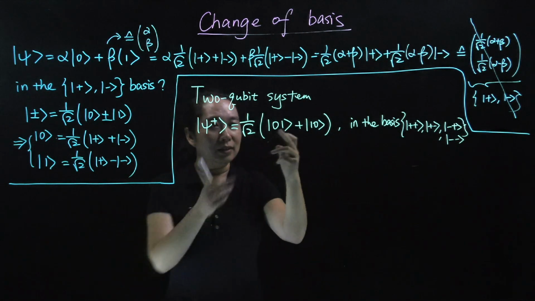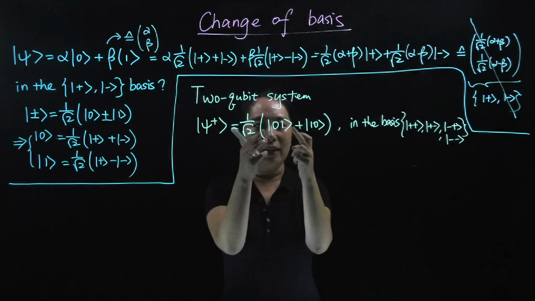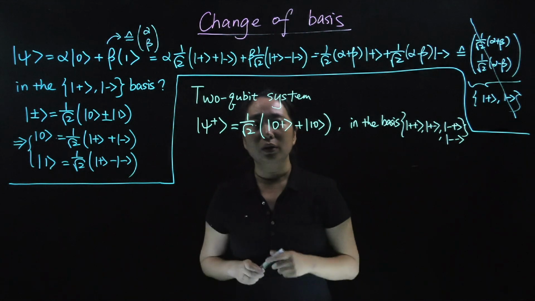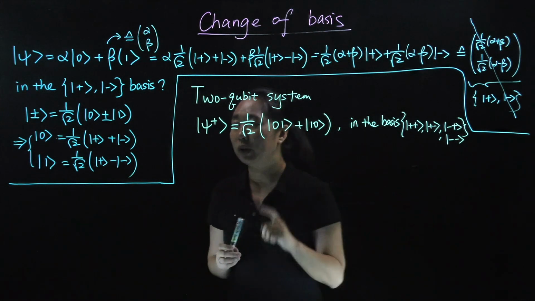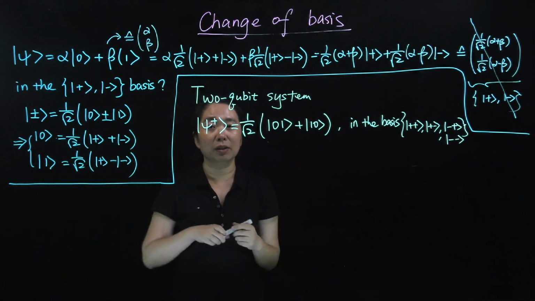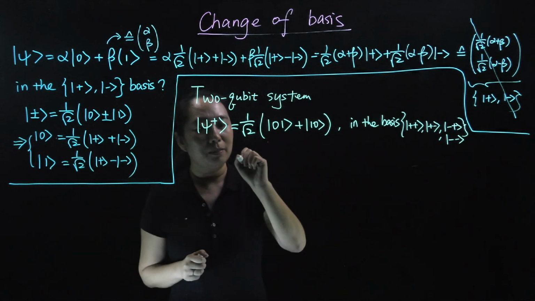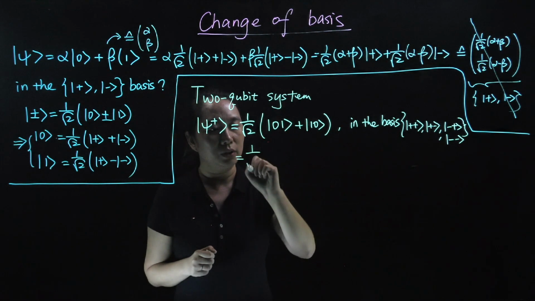We recognize that each of the two terms is actually a product structure. So we can do the basis change of zeros and ones separately for each of the terms using what we have seen previously. So this can now be written as 1 over square root 2.